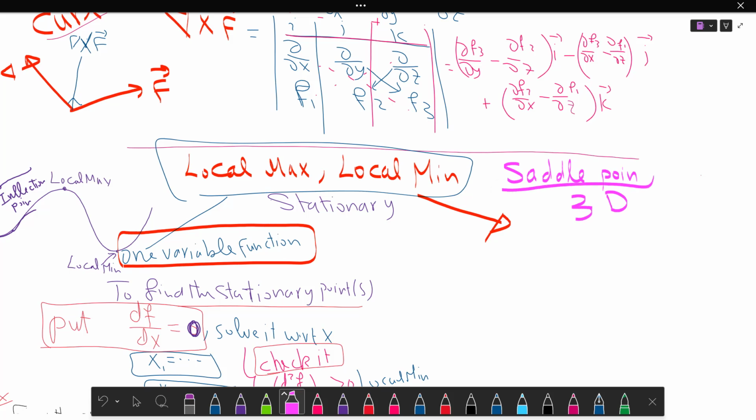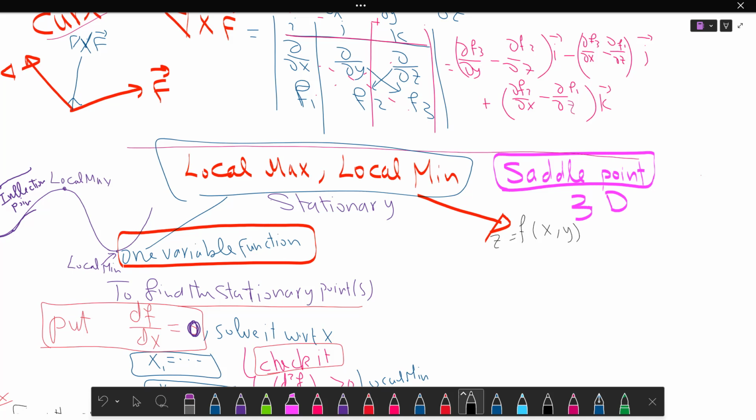So the saddle point is only for 3 dimensions. So I should have a function of how many variables? Of 2 variables, right? Because we call it z equal to it. So I have 3 dimensions: one for x, one for y, and one for the function, right? So the saddle point is not in a 1 variable function, right?